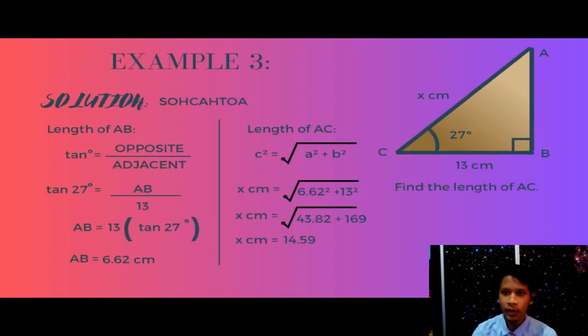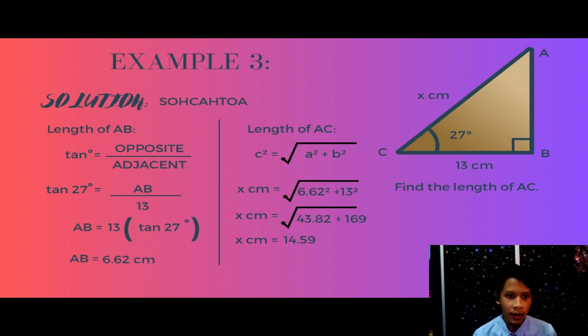In example 3, we are using a different approach to find the value of x. The example is similar to the previous question, but in this question, the hypotenuse is not given, it is unknown, and the angle is given. So we want to find the hypotenuse.